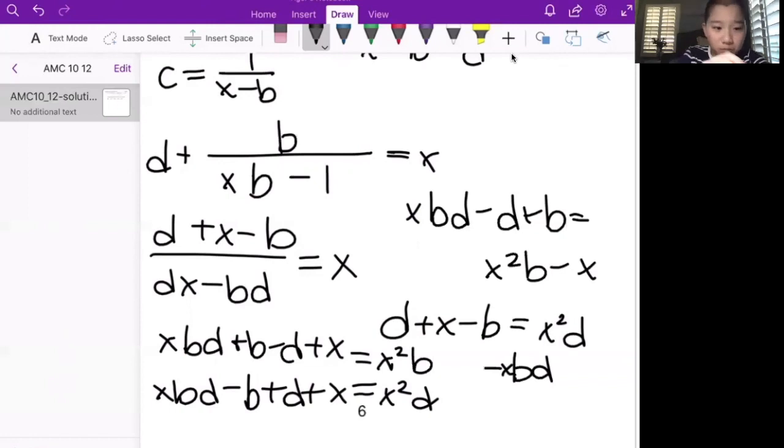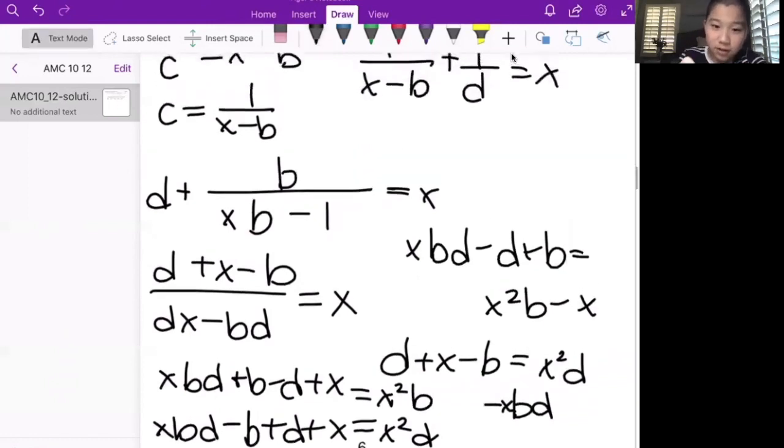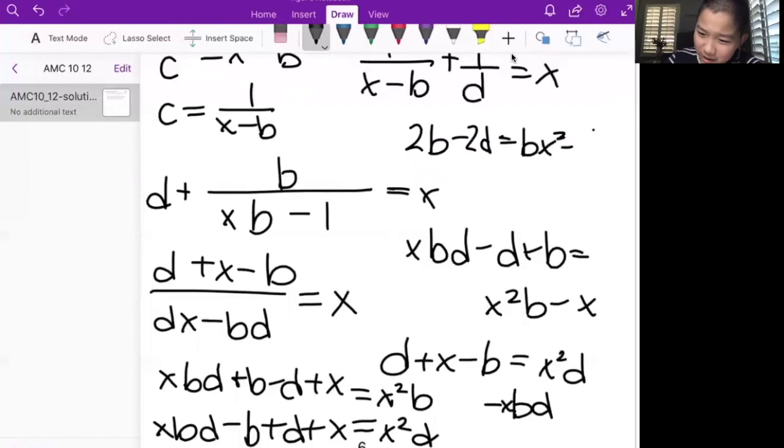Let's take it one step further. Let's subtract the bottom equation from the top one. So we get 2b minus 2d equals bx squared minus dx squared.